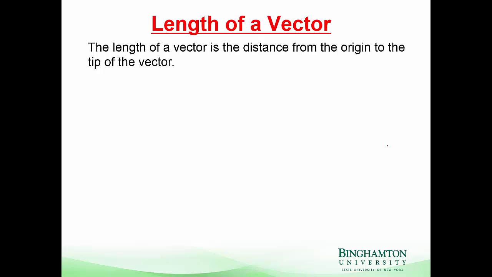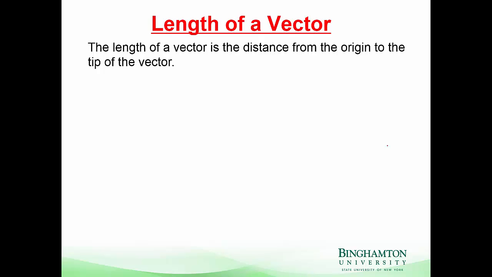Okay, so we've got this idea of linear independence established, and we're going to put that aside for a bit. The idea of length of a vector has nothing to do with linear independence. And so, we've already visualized in 2 space and 3 space the idea of the length of a vector.